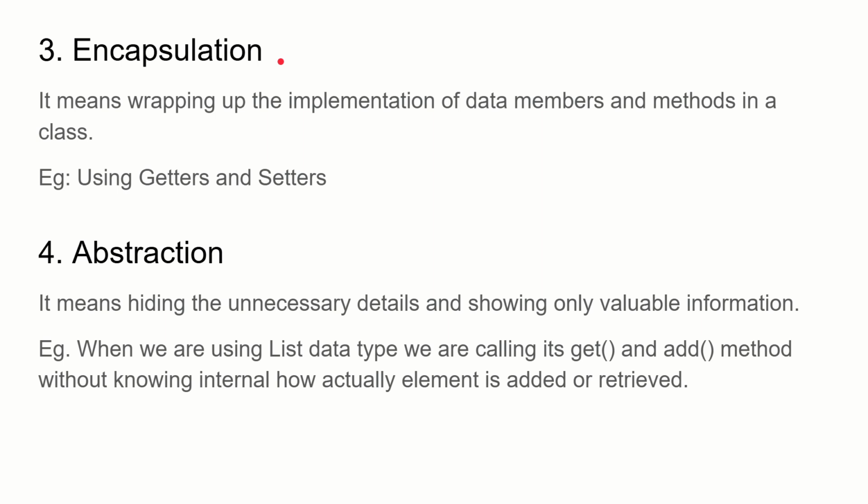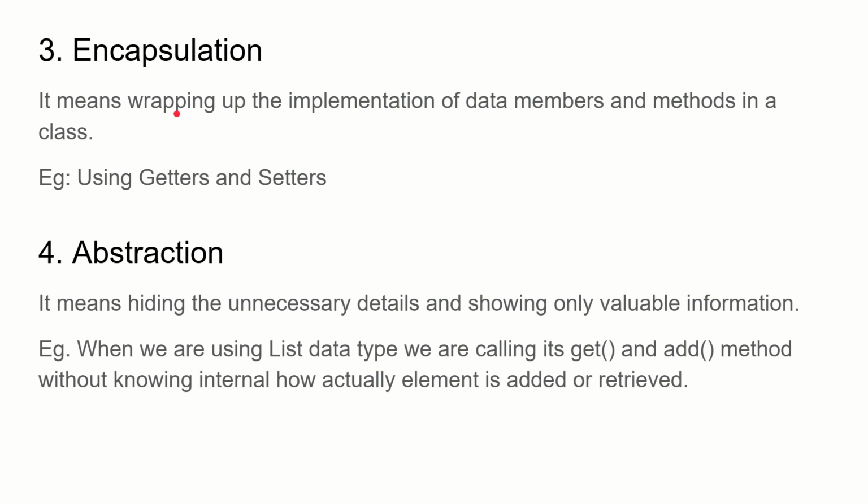The third important pillar of object-oriented programming is encapsulation. Encapsulation means wrapping data and methods together in a class. A basic example of this would be using getters and setters. Basically we are wrapping up the fields and the methods in a class in one single entity.